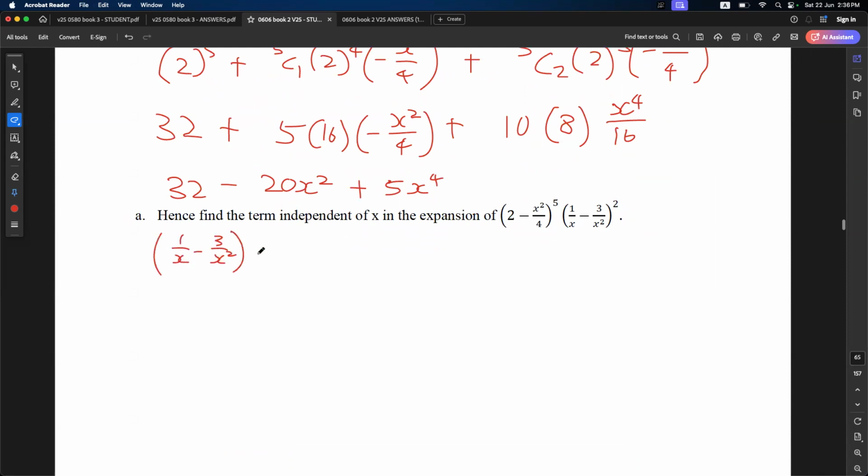You can do the binomial method to expand it also if you want to, but I wouldn't. This times this. Have you done it or not yet? This times this. Continue.